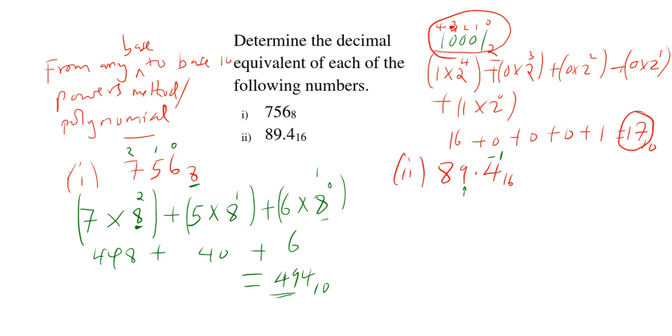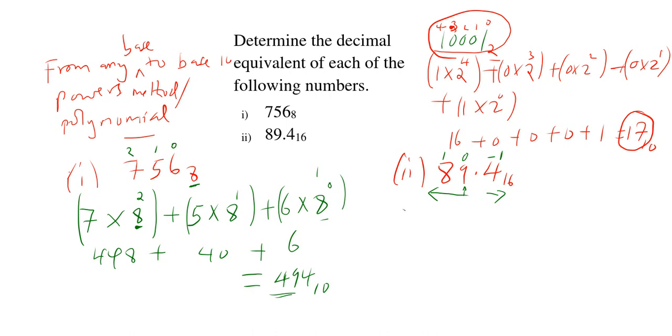So for example, in this one, 9 at this point we indicate 0, and 8 will be 1, and 4 will be power negative 1. If we could have another digit, it will be power negative 2, and so on. So for this whole number, we shall apply the same method that we have seen for the other bases, and here we shall also do the same, but we shall see how the negative power is manipulated.